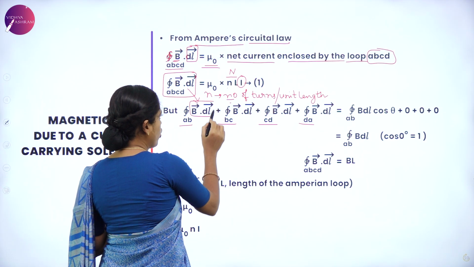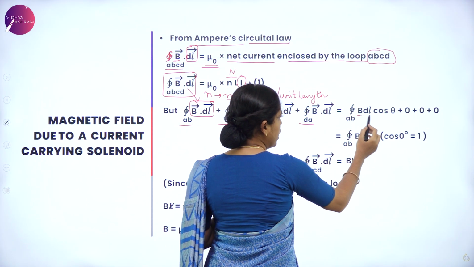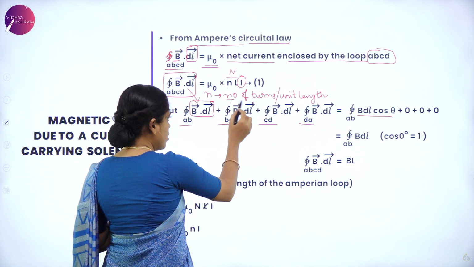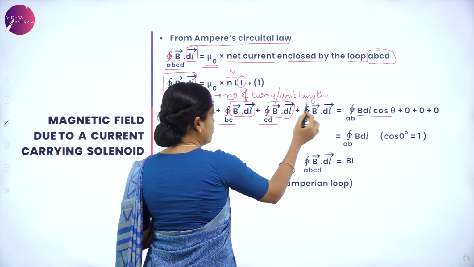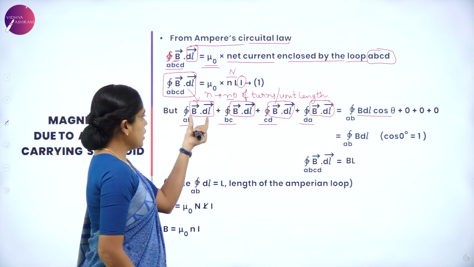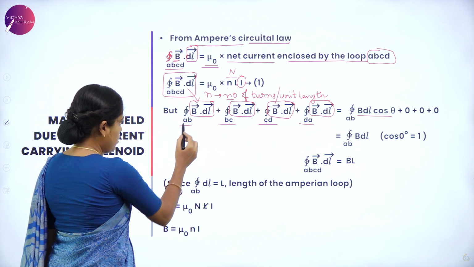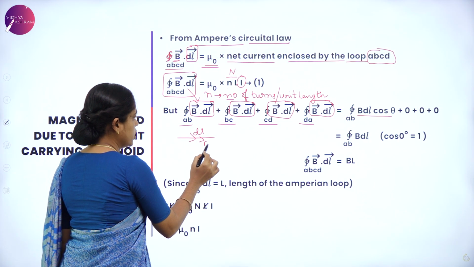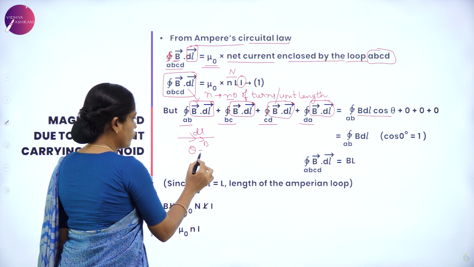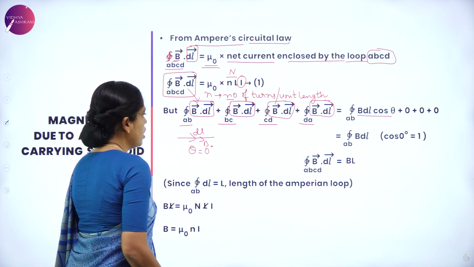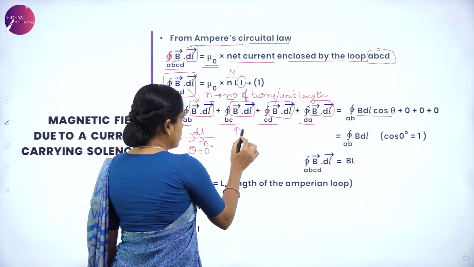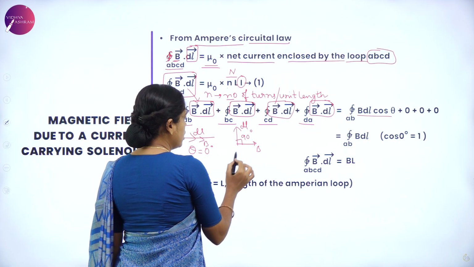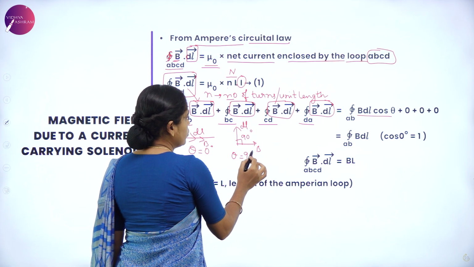The dot product magnitude is given by B dl cos theta, the same for all the sides. For the side AB, dl and B are in the same direction, therefore theta is 0 degree. For BC, dl and B are at 90 degree, so theta is 90 degree.